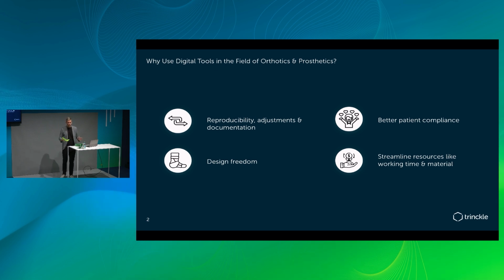It would be way, way harder with conventional handcrafted manufacturing. And of course, you probably know that certifications and quality processes are a major aspect in the orthopedic world. Documentation is a lot easier if you have a nice digital workflow that you can document. Very important for this field of business.